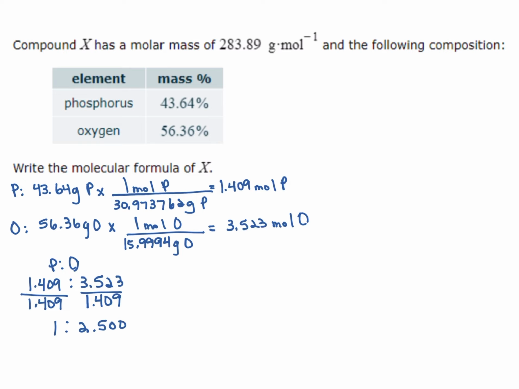Our ratio has to give us whole numbers, so we're going to have to multiply by the lowest integer to give us those whole numbers. So if we multiply by 2 on both sides, we get a 2 to 5 ratio. So that tells me that our empirical formula is going to be P2O5. This is our empirical formula.